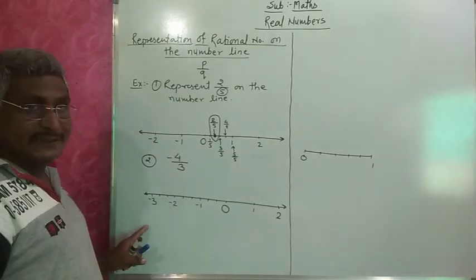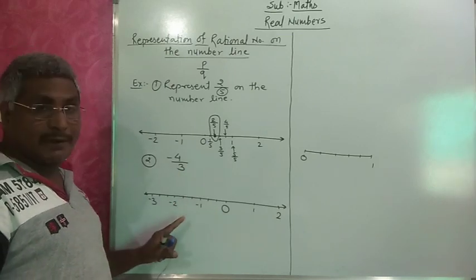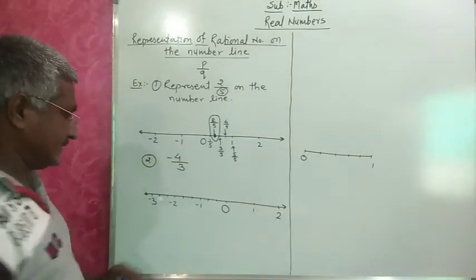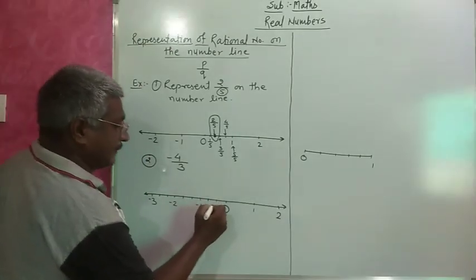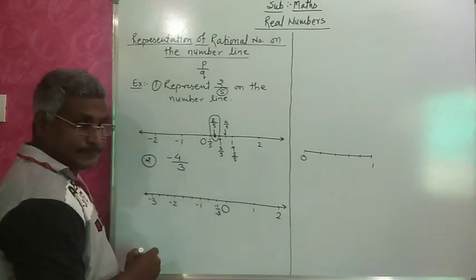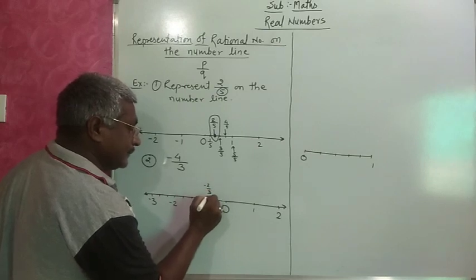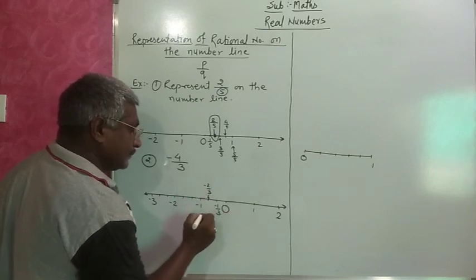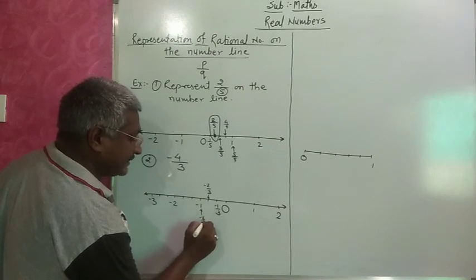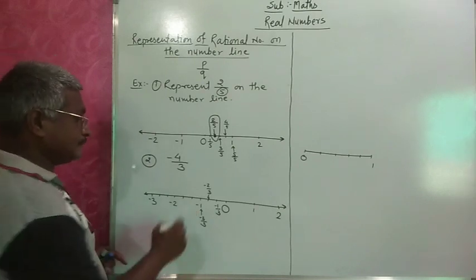So how did I divide this? Denominator is 3, so we have to make 3 equal parts. 3 equal parts means how many lines have to be drawn? 2 lines. Now each line represents minus 1 by 3. This is minus 2 by 3. This one is minus 3 by 3. Minus 3 by 3 means minus 1.